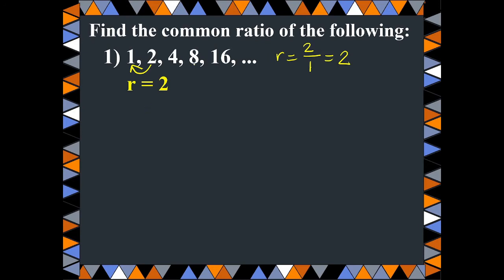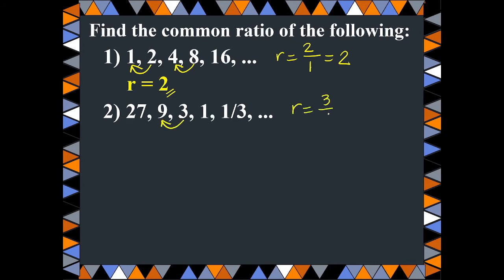If I choose 8 divided by 4, the answer is still 2. So any term divided by its previous term is the common ratio. For this one, I'm choosing 3 divided by 9. So the common ratio is 3 over 9. Reduce this, divide by 3, so 1/3. The common ratio is 1/3.